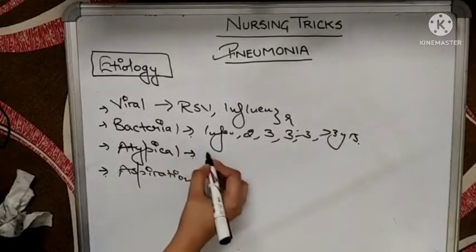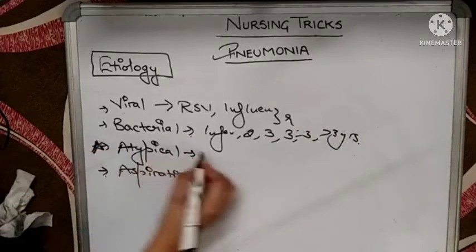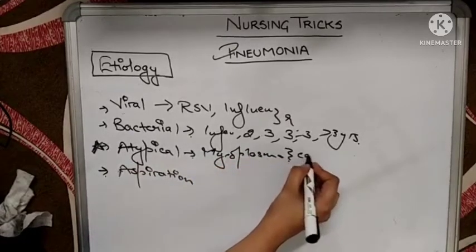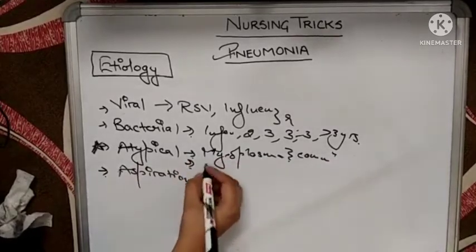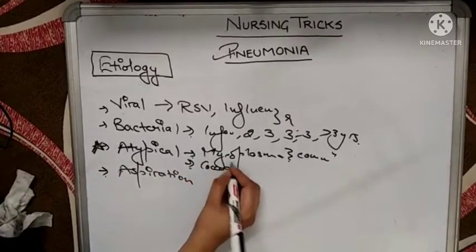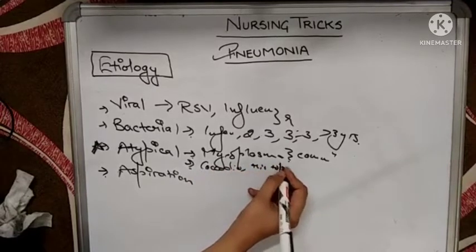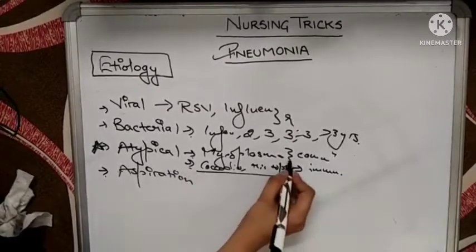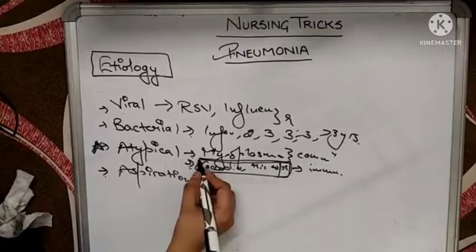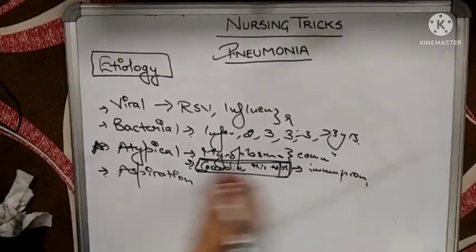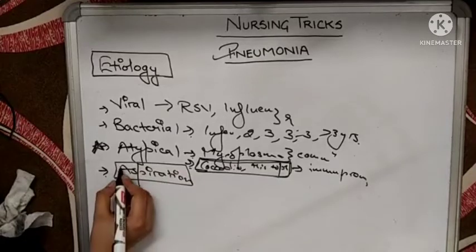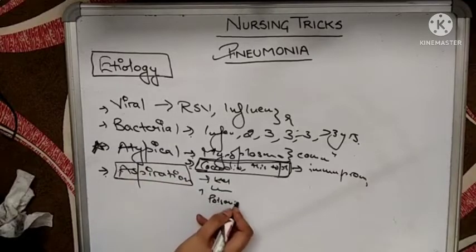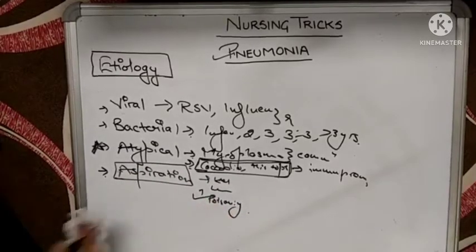In atypical, what we have to remember is mycoplasma, which is community based, and then coccidioidomycosis and histoplasmosis. They are responsible for causing pneumonia in the immunocompromised, or you can say they are the opportunistic infections in children with the immunocompromised state. And in the aspiration we have seen that aspiration of kerosene or liquid paraffin or poisoning leads to aspiration pneumonia. So we are done with the etiology.